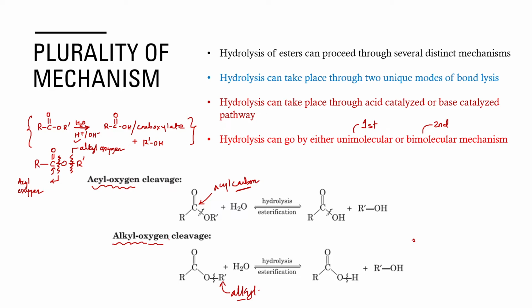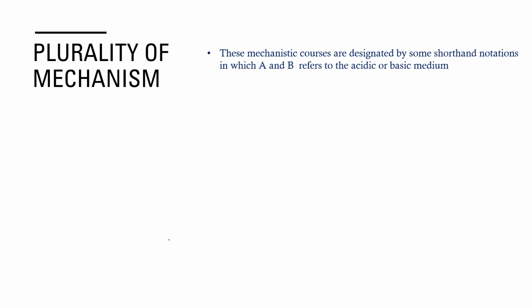ठीक है. चलो देखते हैं कि कितने मैकेनिज्म्स पॉसिबल हैं और कौन कौन से मैकेनिज्म नहीं हो सकते हैं, या फिर is there only one or is there more than one. पहले तो हमने आइडेंटिफाई कर लिया कि मोर देन वन तो होना ही चाहिए, लेकिन मोर देन वन में कितने. हमें ये जानना होगा कि इन मैकेनिज्म्स को जब हम लेबल करते हैं, these mechanisms are labeled in a certain shorthand.